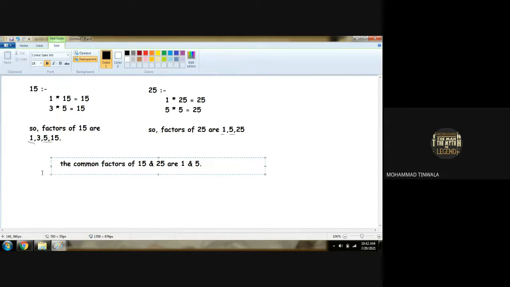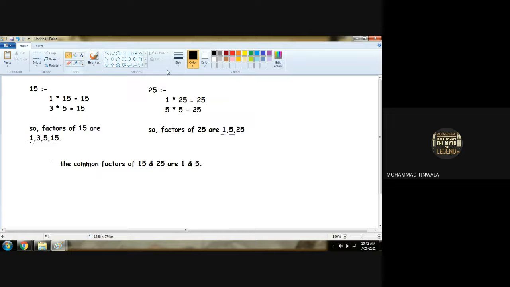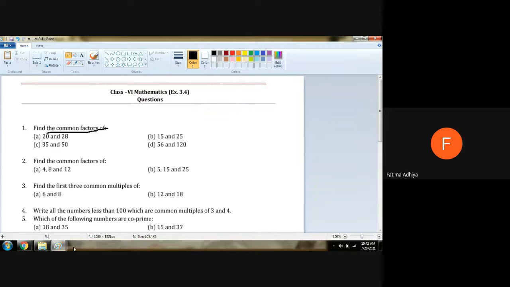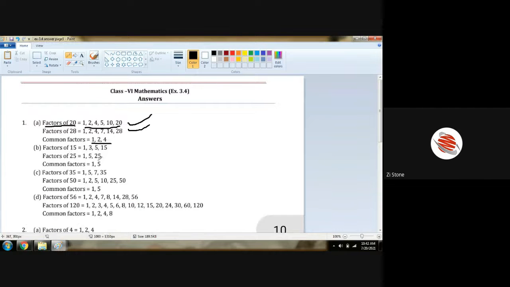Any doubt here, girls, how to write the answers? All the answers should be written like this in the book. Okay, girls, check here the answer, whether we got the correct answer or not. See, 1, 3, 5, 15; 1, 5, 25; 1 and 5 are common.